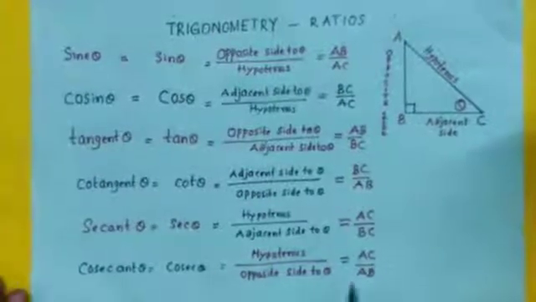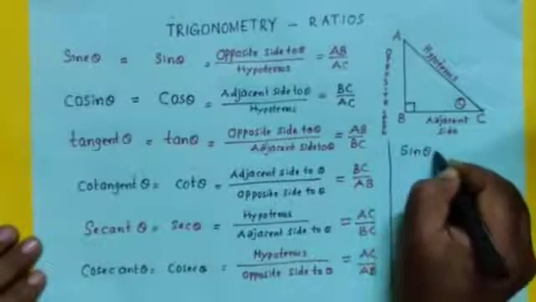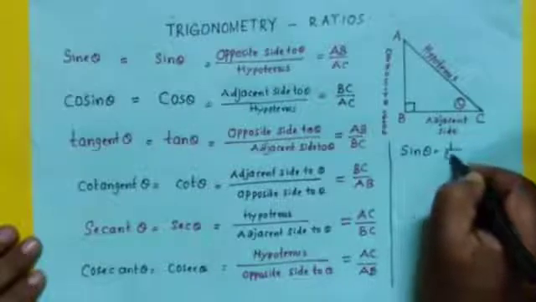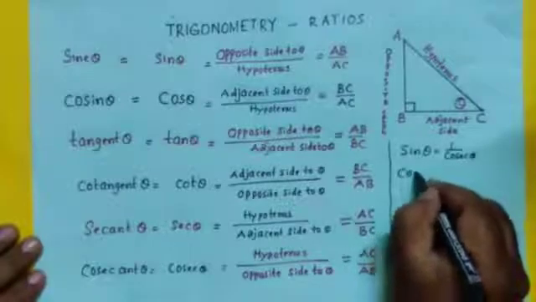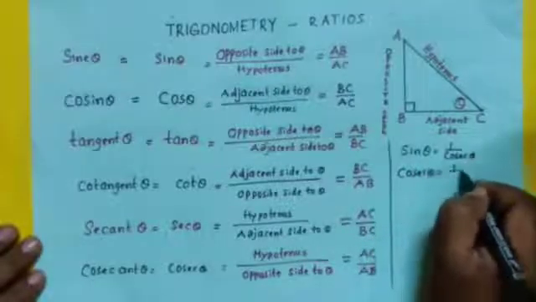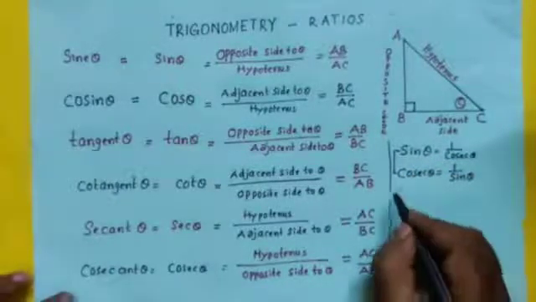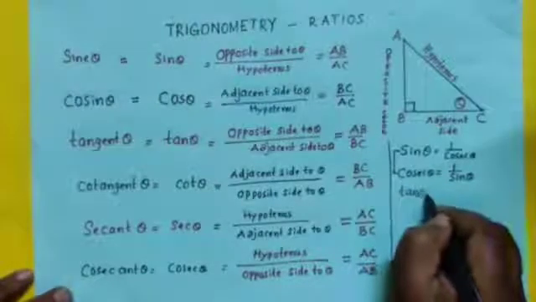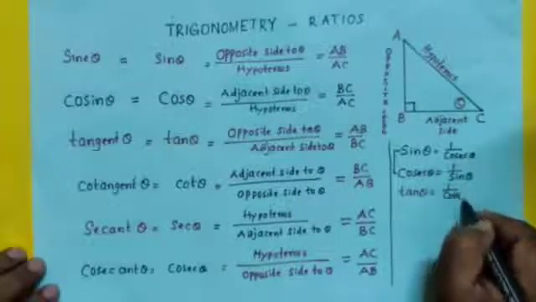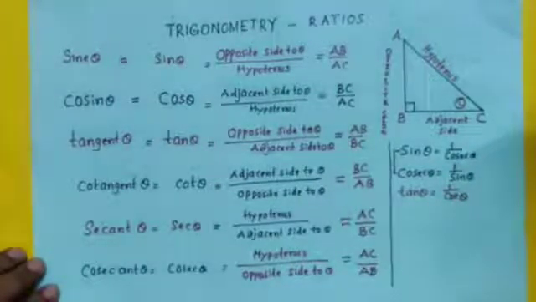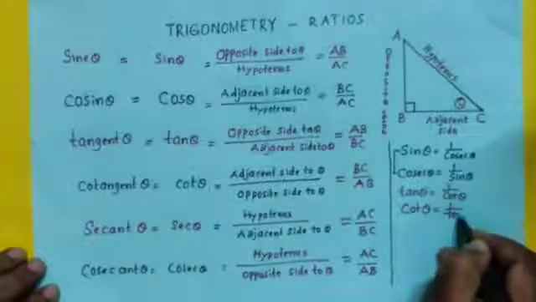Once again we are going to write here: sin theta is equal to 1 by cosec theta, and cosec theta is equal to 1 by sin theta. These two are reciprocals, you have to remember. Next, tan theta is equal to 1 by cot theta, and cot theta is equal to 1 by tan theta.